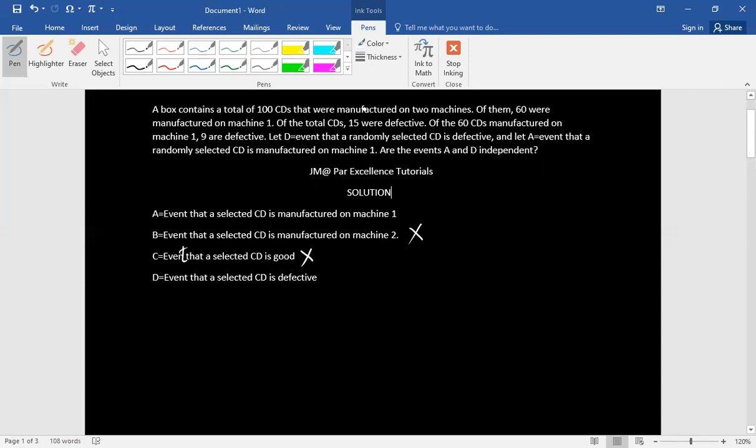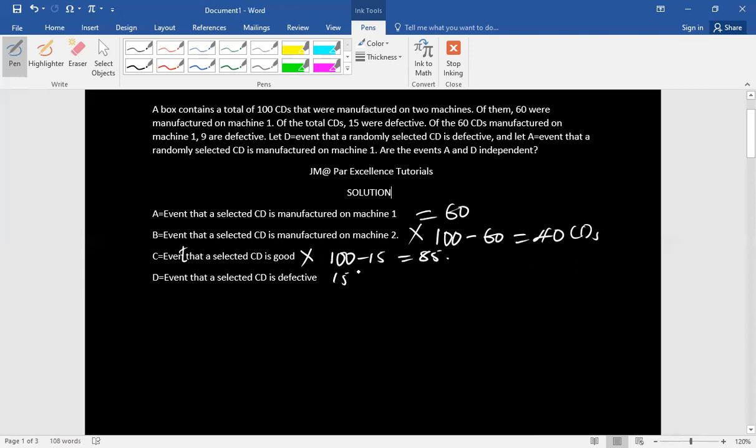Of them, 60 were manufactured on machine 1, which means that those manufactured on machine 2 is 100 minus 60. That is giving us 40. So 40 CDs were manufactured on machine 2. Of all the CDs, 15 were defective, meaning that the CDs that were good were 100 minus 15, and that is 85.